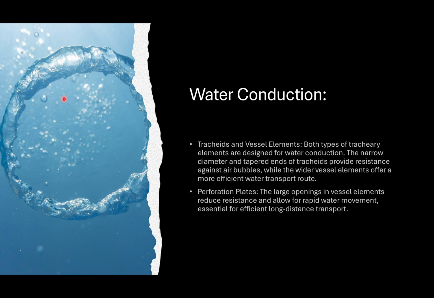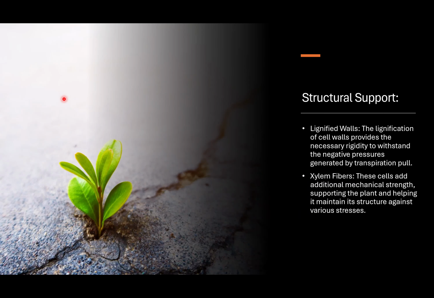So we're looking at these things. They are important to note about the xylem, right? The structural support, the lignified walls, right? So lignification and the presence of xylem fibers are here to support the structure of the plant itself, and the vascular bundle, right? So increasing the rigidity of these structures to prevent any type of structural damage due to transpiration pull, the water pressure caused by transpiration pull, or any other type of issue, right?